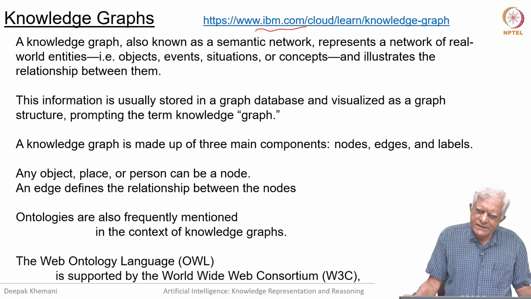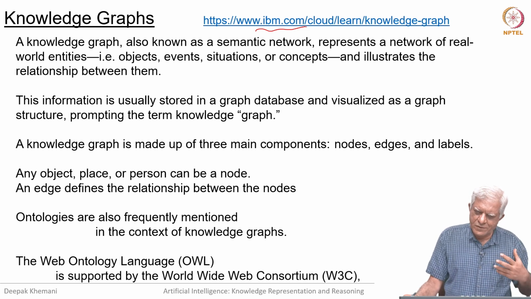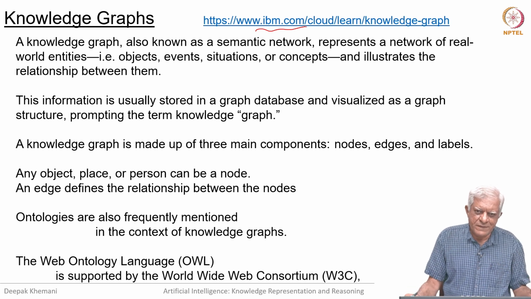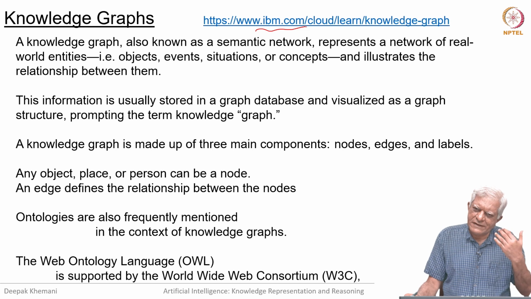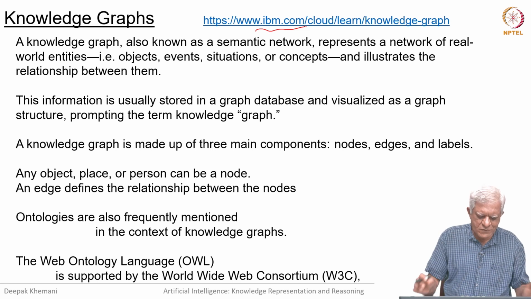The other phrase that has come about when we talk about the semantic web and so on is the notion of ontologies. Ontologies are basically taxonomies, but they can have other kinds of relations as well. It is an extension of this idea of knowledge graph, in which you have nodes and you have relations between nodes essentially.